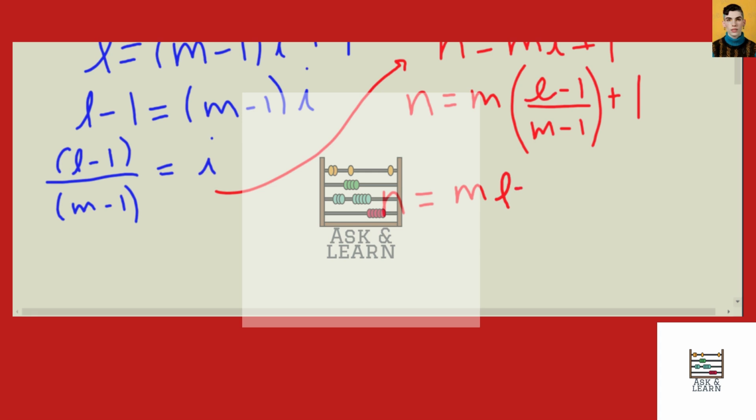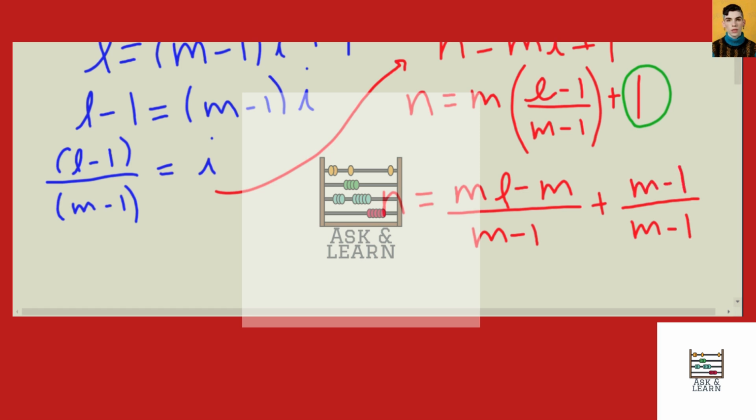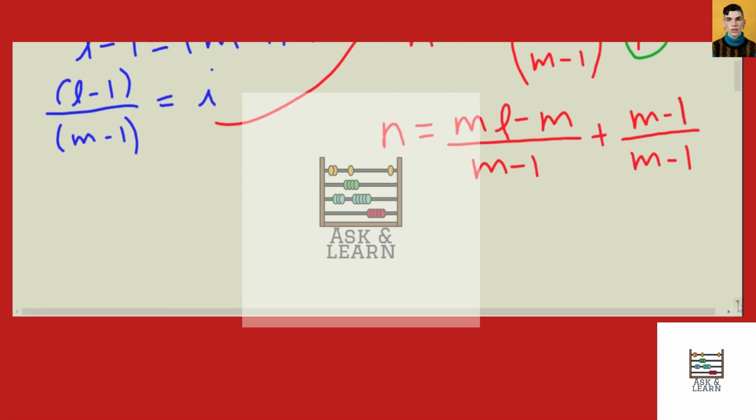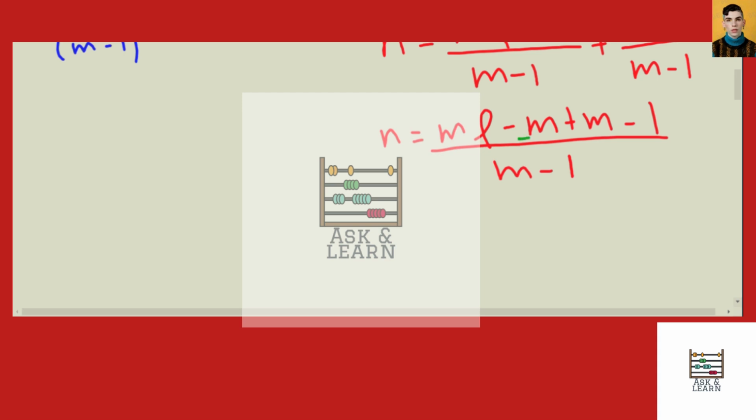So this is going to be (ml minus m) over (m minus 1). And then I can also take this 1 and rewrite it. I want to have the same denominator so I can combine these, so I'm going to put it as (m minus 1) over (m minus 1), which is still 1. And then I can combine these: ml minus m plus m minus 1, all over m minus 1. And if we notice, my negative m plus m cancels. And so I am left with what we need, (ml minus 1) over (m minus 1).